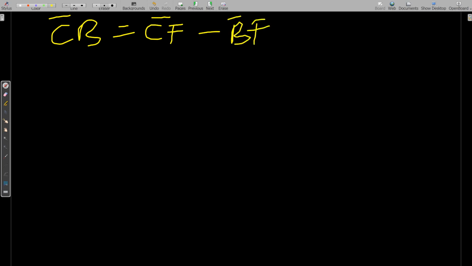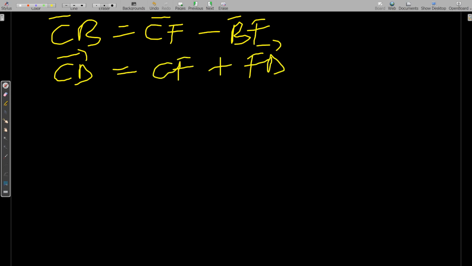That means CB is equal to CF minus BF, and our CD is also equal to CF plus FD.